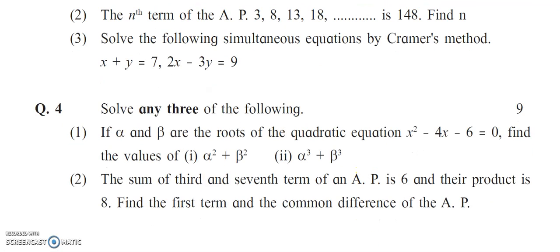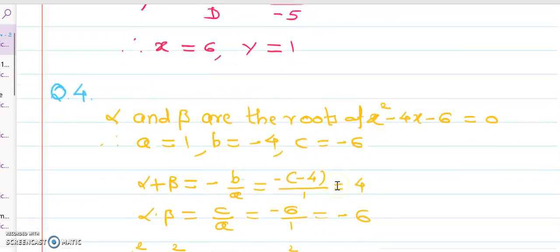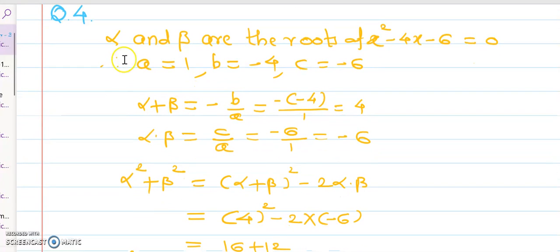Okay, this is also a very simple question. Comparing this with the standard quadratic equation ax square plus bx plus c equal to 0, the value of a is 1, b is minus 4, c is minus 6.